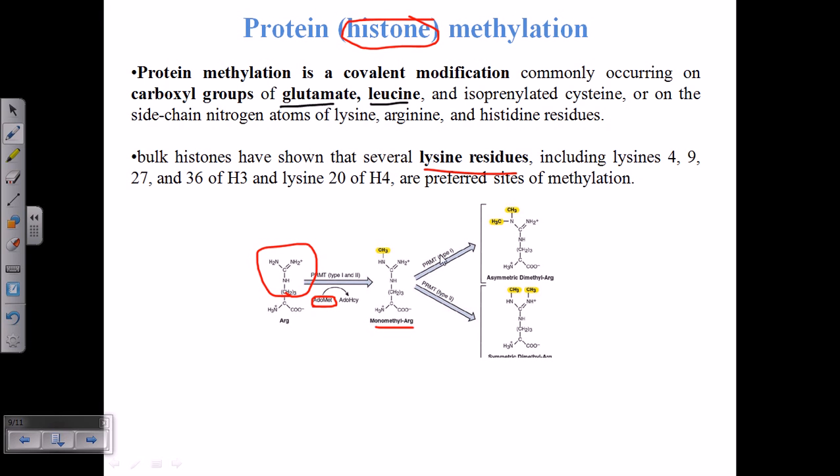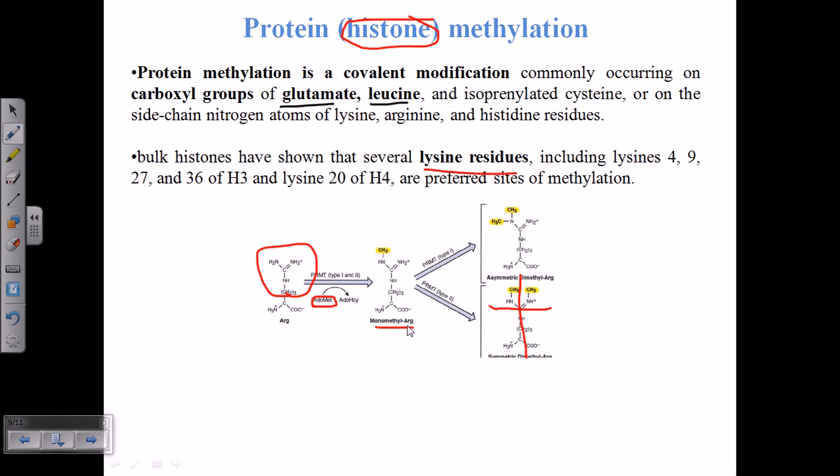Then it can have a second round of methylation, which can be of two types. One is methylation of the same nitrogen, so you have two methyl groups attached to the same single nitrogen. Here we call it asymmetric dimethylation. But in this case, it has symmetry, because if we draw this, it has a symmetrical sequence, so we call it symmetrical dimethyl arginine.